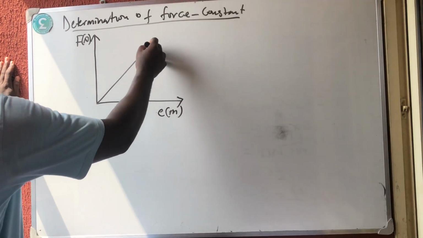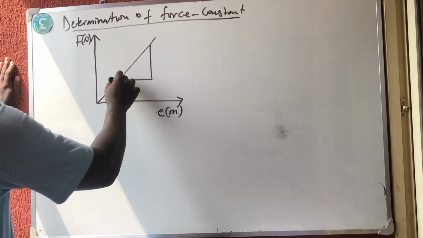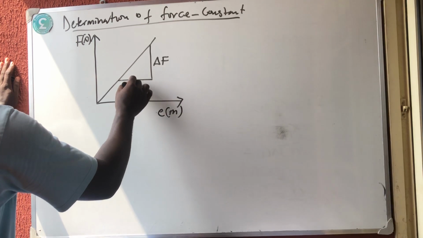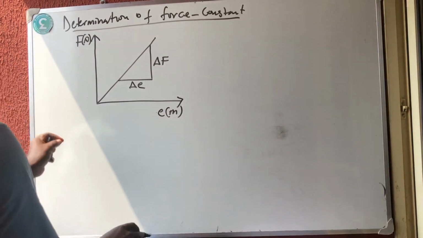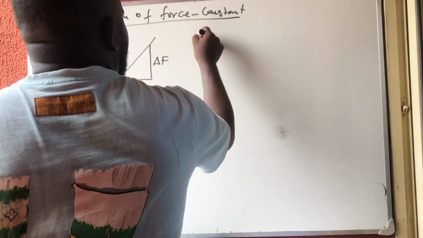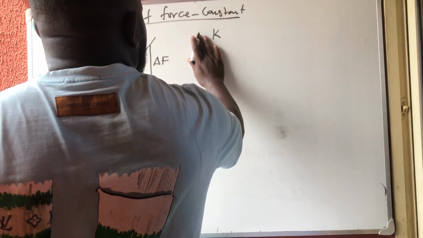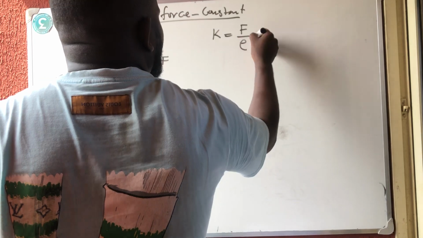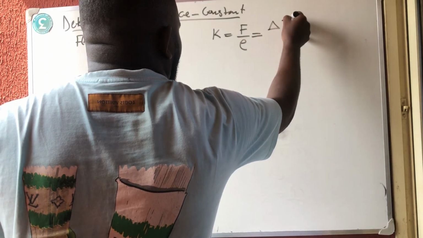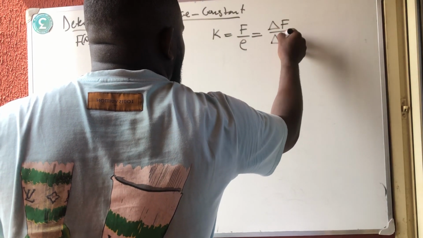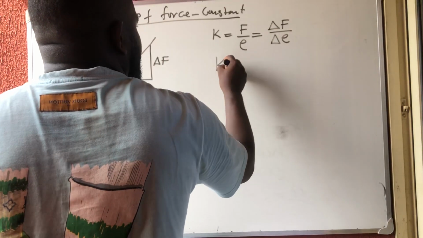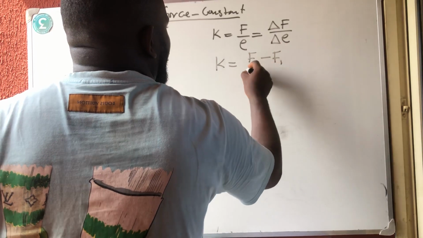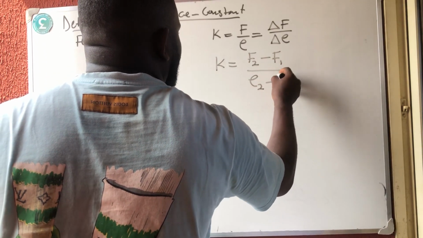So if you want to get the slope of this, here should be the change in force, and here should be the change in extension. And I know that force constant is equal to F over E, which can be the same as change in force all over change in extension. So force constant is F2 minus F1 all over E2 minus E1.